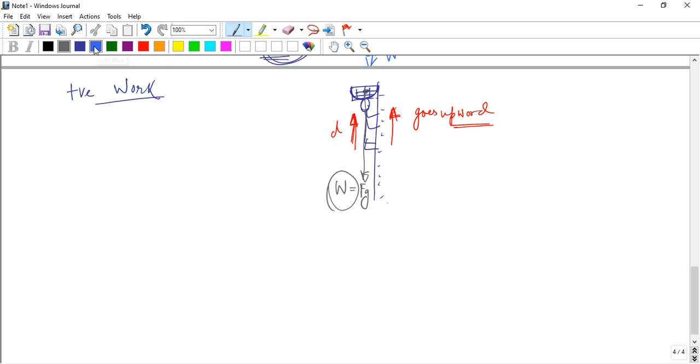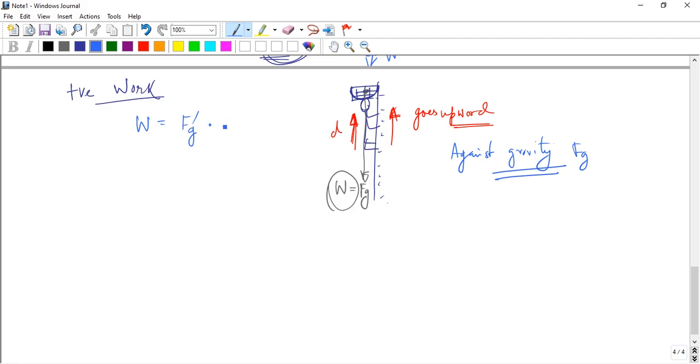So the work done formula says that W equals the force against gravity, F'g, times d.